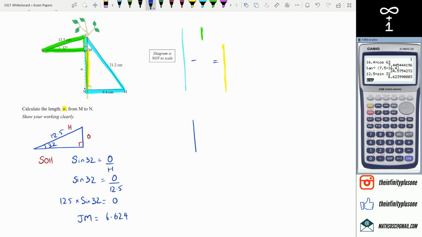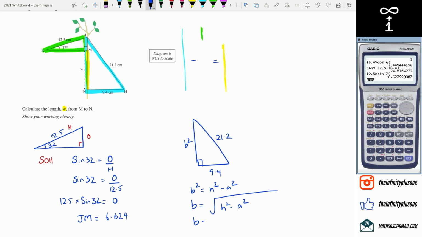Then I'm looking at the blue triangle, and I've got 21.2 and 9.4. This one, no need to use trigonometry, we just use Pythagoras. So we're going to call this b. So b is equal to the square root of hypotenuse squared minus a squared.